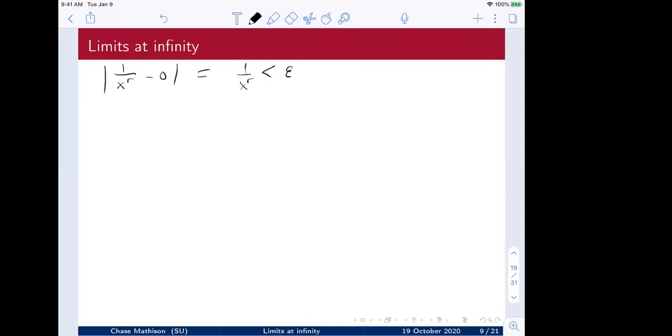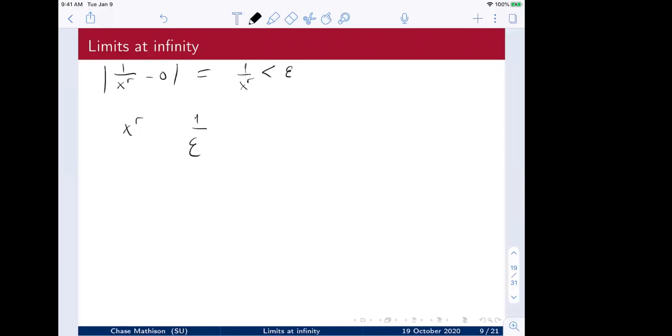Well, this isn't that hard to do though, right? We can just flip both sides, so x to the r, 1 over epsilon. When I do that, what do I have to do with the inequality? I also have to flip the inequality, right?